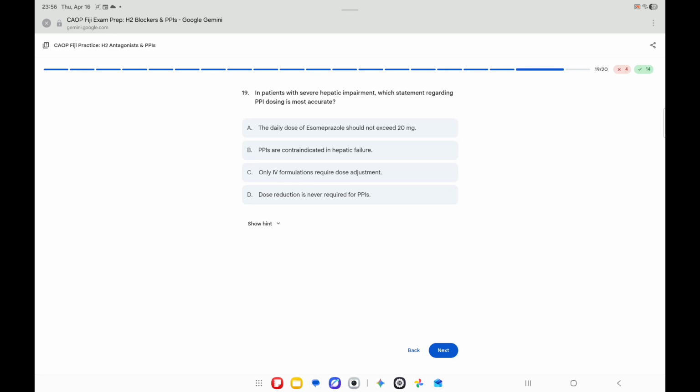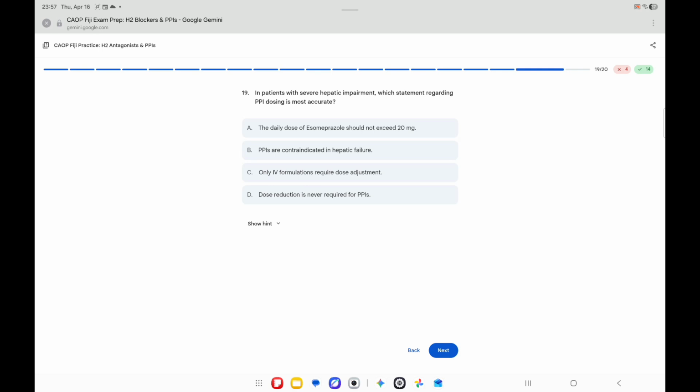The daily dose of esomeprazole should not exceed 20 mg. Proton pump inhibitors are contraindicated in hepatic failure. Only IV formulations require dose adjustment. A dose reduction is never required for proton pump inhibitors. So dose is actually reduced.